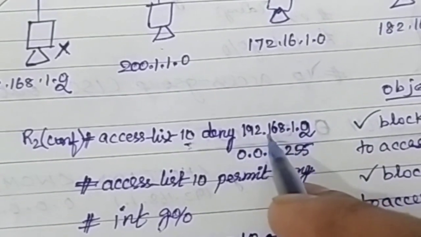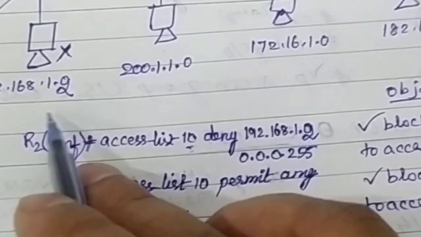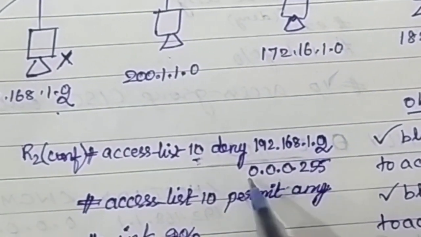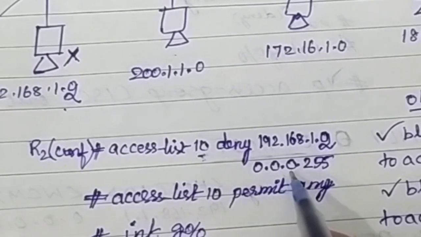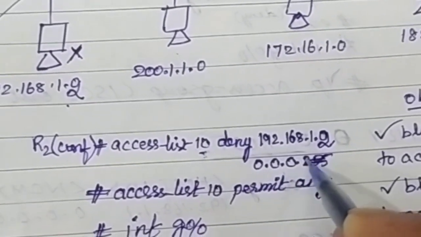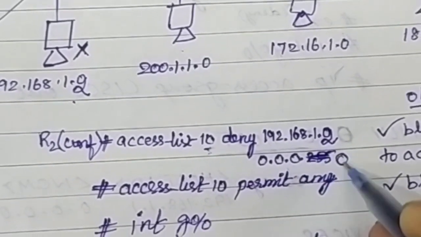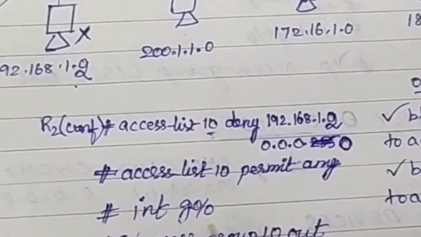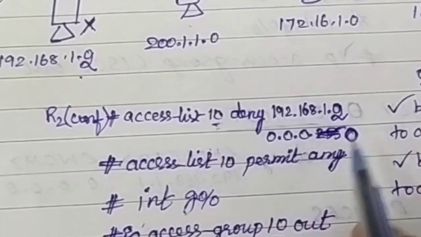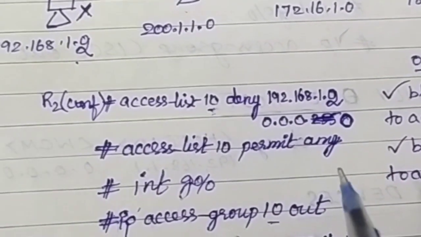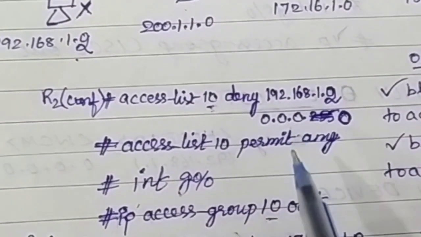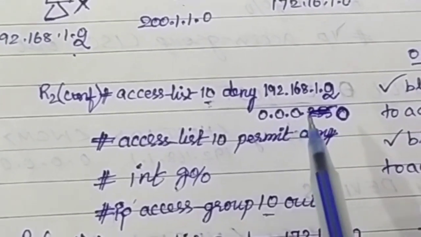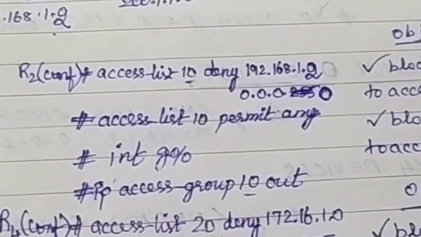What is that? 192.168.1.2. Then the wildcard mask should be 0.0.0.0. Here also you have to give 0 only. Understood? Then permit any, the remaining is all the same. I hope you can understand how to block the entire network and how to block a particular host. Clear?